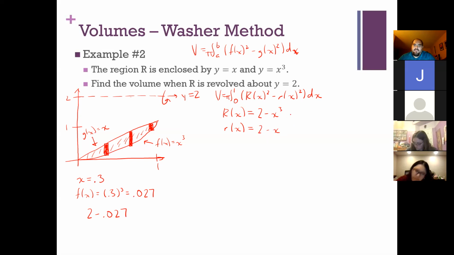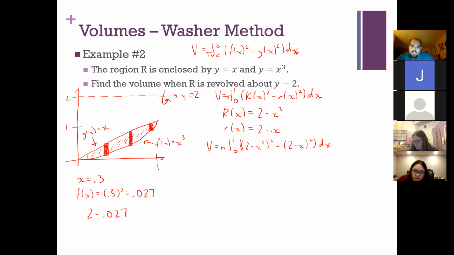All right, so now that we have these, let's continue to the integral. So we're going to have 2 minus x cubed, squared, minus 2 minus x, squared, dx.